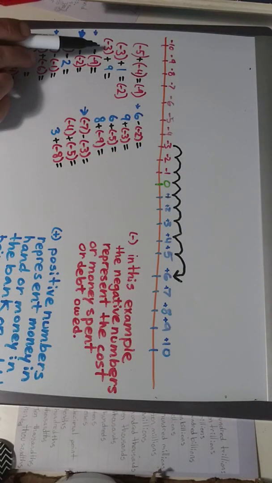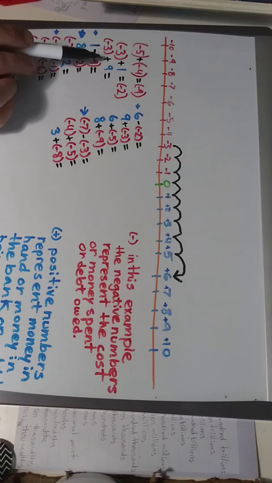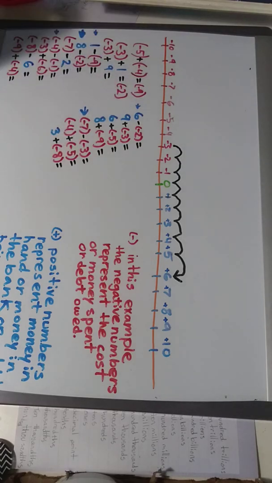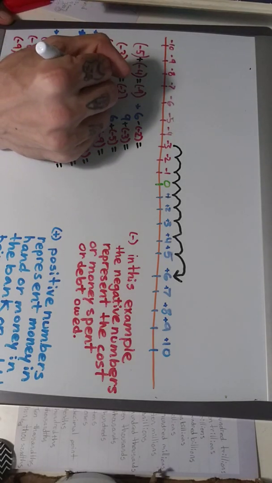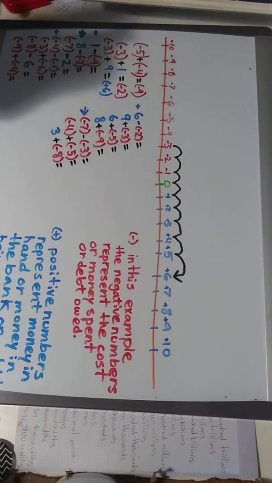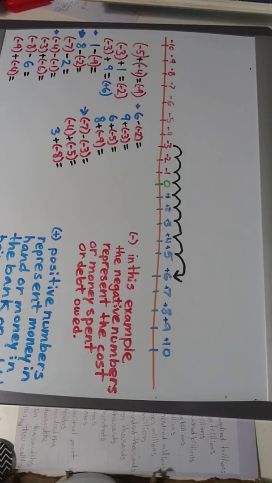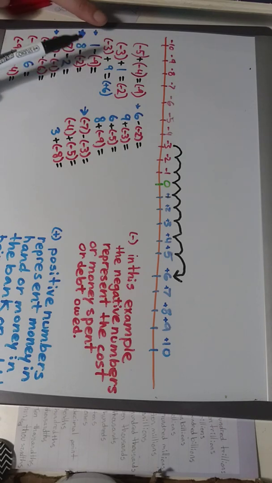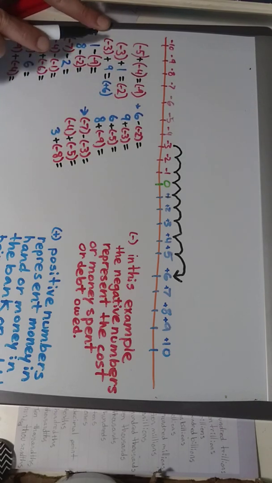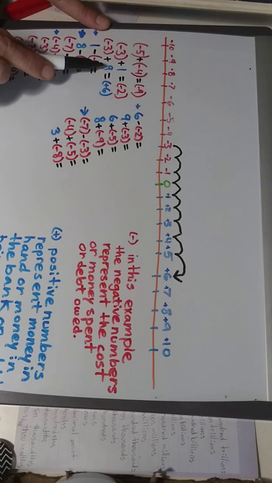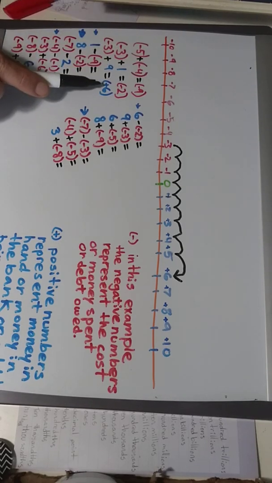So negative 3 plus positive 9 equals positive 6. If we were at negative 3 because some people still owed us the debt, and then we got paid off 9 units of the debt, we'd be at positive 6.